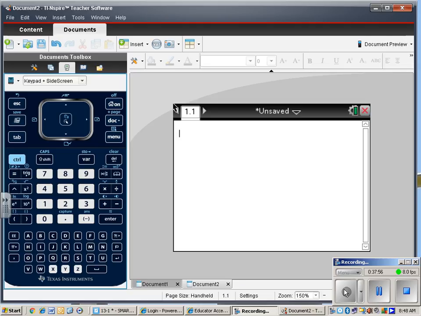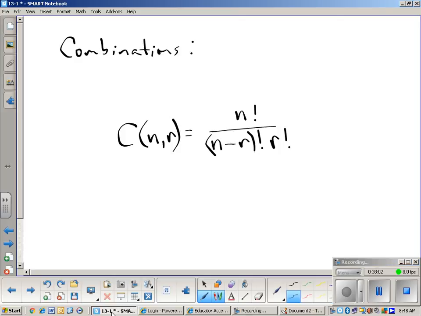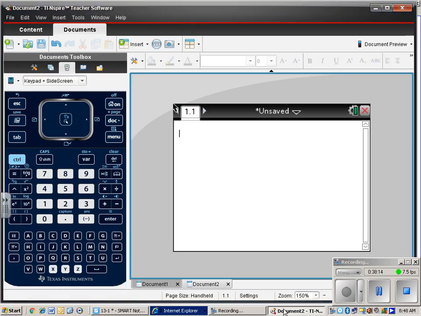All right. So if I want to calculate, go back here real quick, the combination of 12 elements, 5 at a time. 12 elements, 5 at a time.